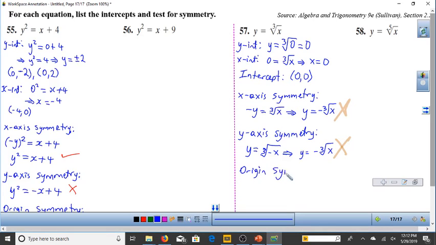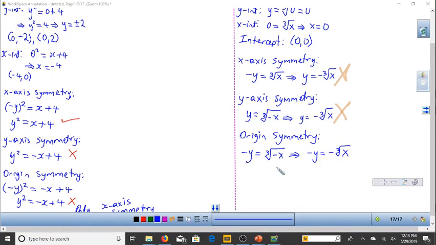Now let's try for origin symmetry. Let's check to see if we can get that one. So I'm going to replace my y's with negative y, and I'm going to replace my x's with negative x. As you can see here, that means negative y is equal to the negative of the cube root of x. Then if I divide both sides by -1, I get y equal to the cube root of x, which is my original expression.